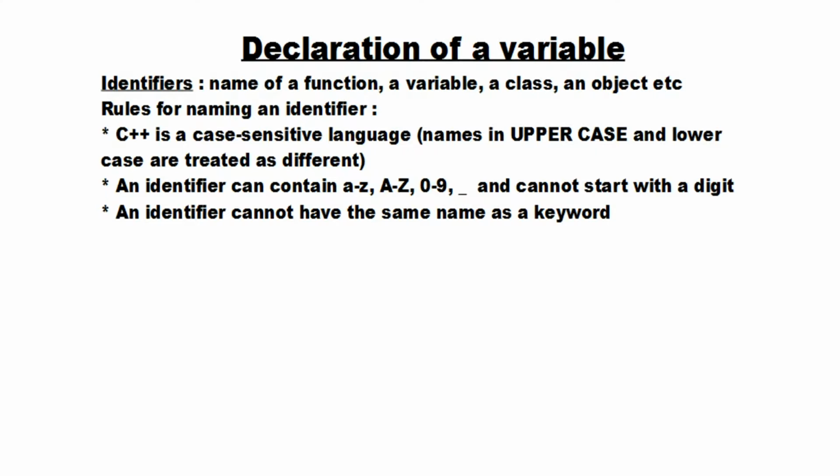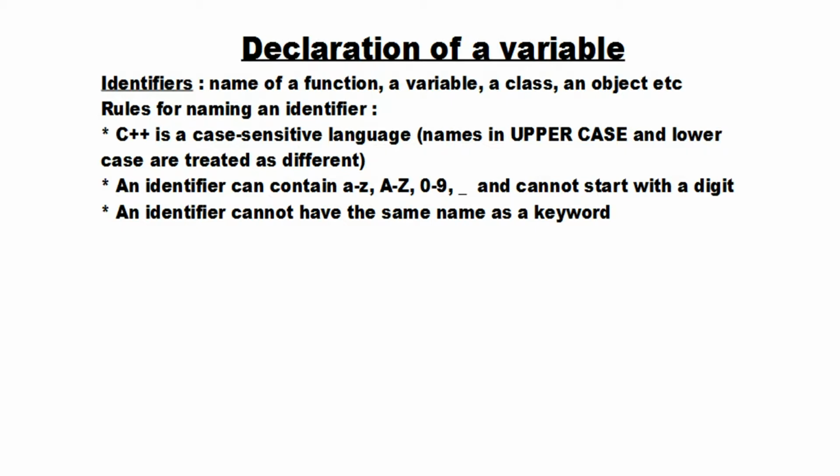So any name of a function, a variable, a class, an object, etc. is known as an identifier. For example, if we name a variable, the name of that variable is known as an identifier. So there are certain rules for naming an identifier. We'll look at those rules one by one.